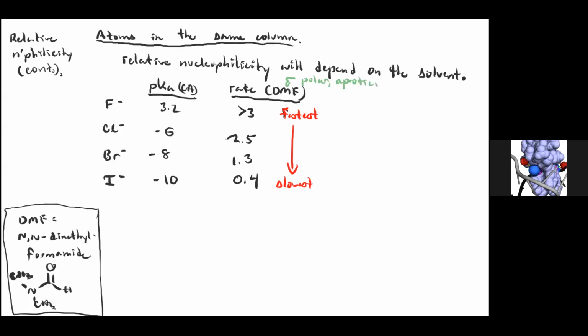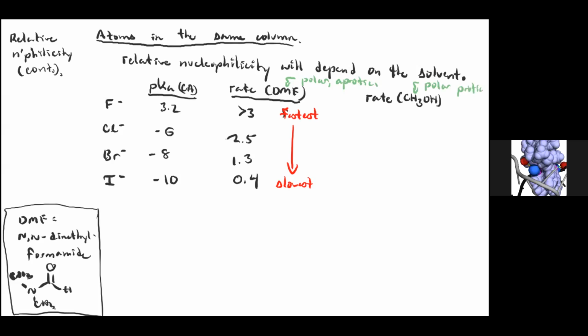If we change the solvent and say, okay, let's go to methanol, this is a polar protic solvent. Then the relative rates change.